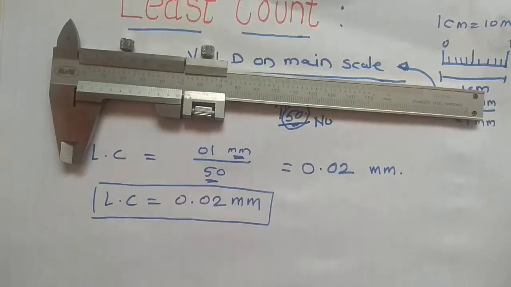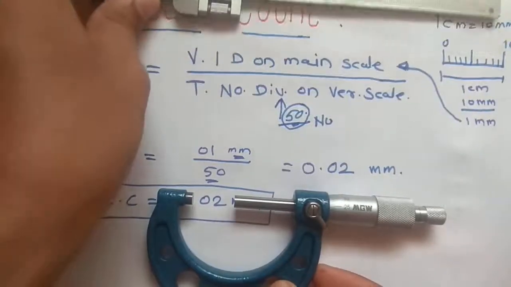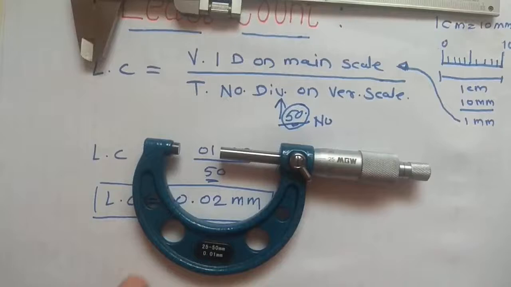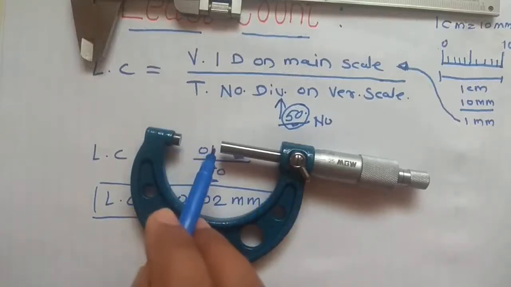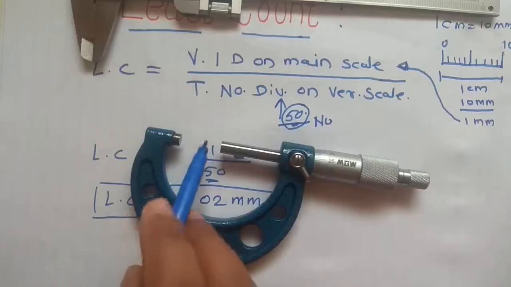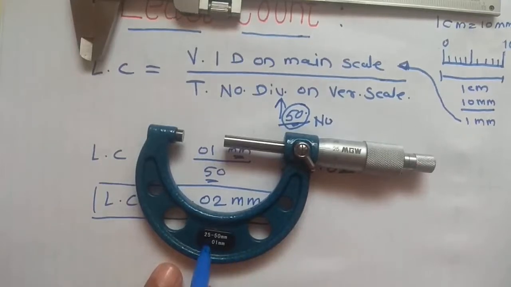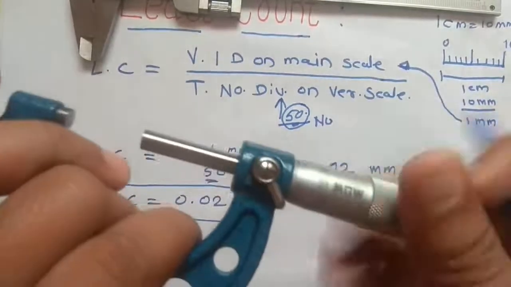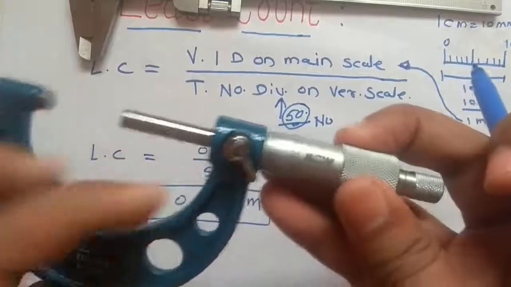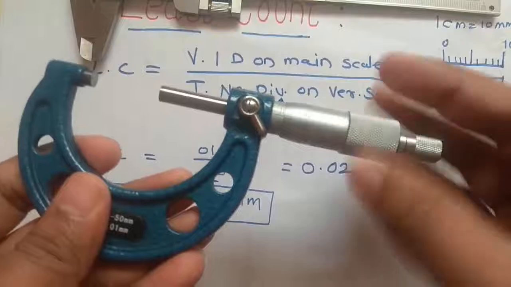Now we will take another example, the micrometer. This instrument is used for measuring length as well as external diameter, and the range of dimensions is between 25 and 50 mm only. For identifying the least count, we have two scales here also.